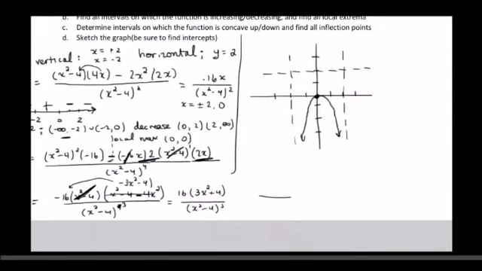So if we do a test for concavity, negative 2, positive 2, and then choose test points, negative 3, for example, is a test point. If I plug negative 3 in here, I'm going to square it to get 9. 9 minus 4 is positive, to the third power is positive, so we're concave up when x is less than negative 2.